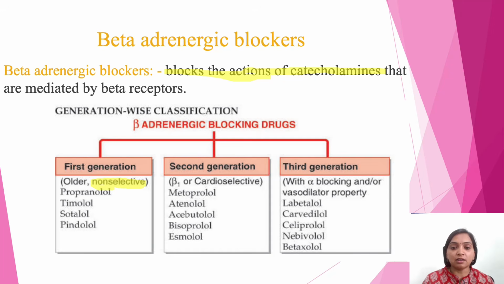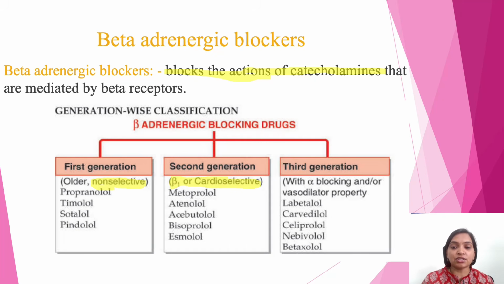And then second generation, also called beta 1 or cardioselective, because we have seen already beta 1 is mainly present in the heart and juxtaglomerular apparatus of the kidney, but the main action is through the heart. So they are metoprolol, atenolol, acebutolol, bisoprolol and esmolol. They are second generation, which are cardioselective beta blockers.